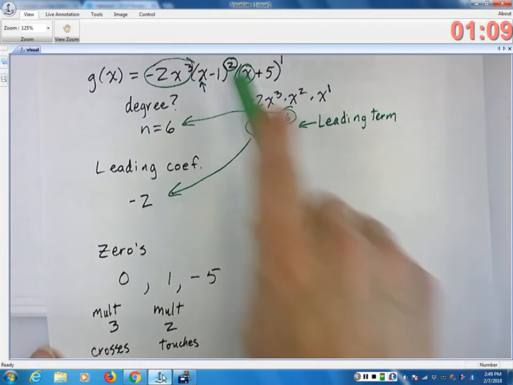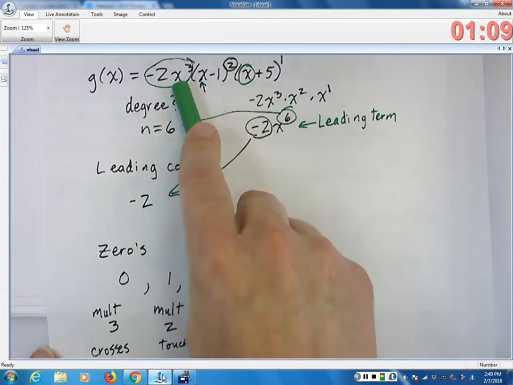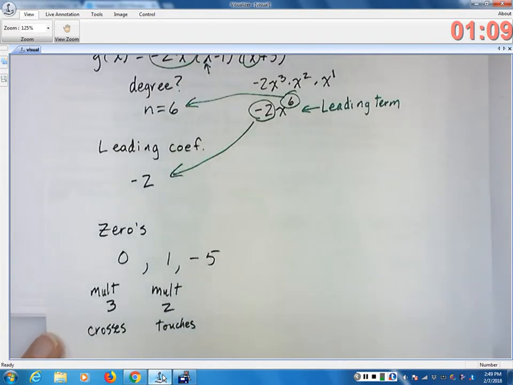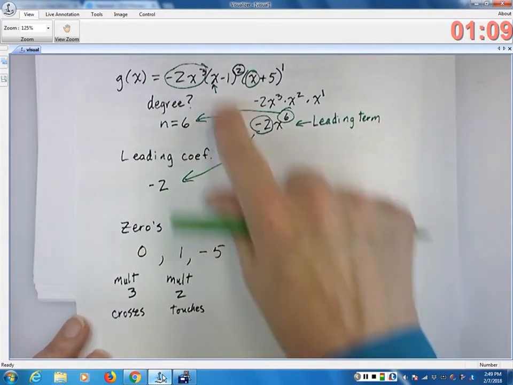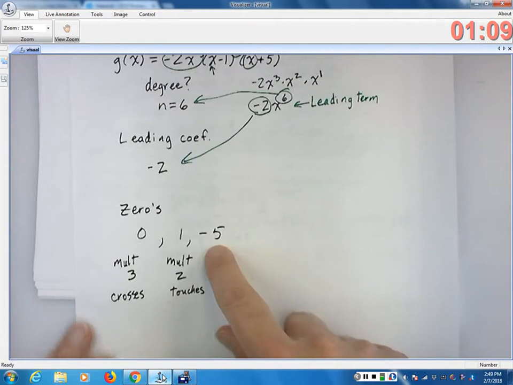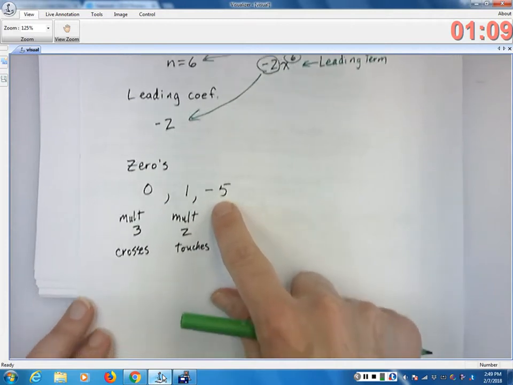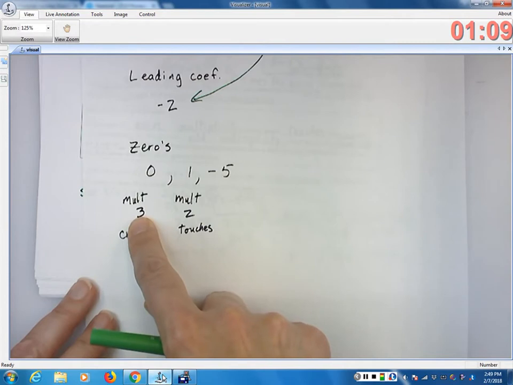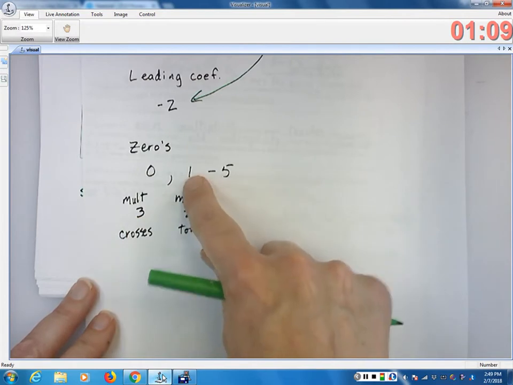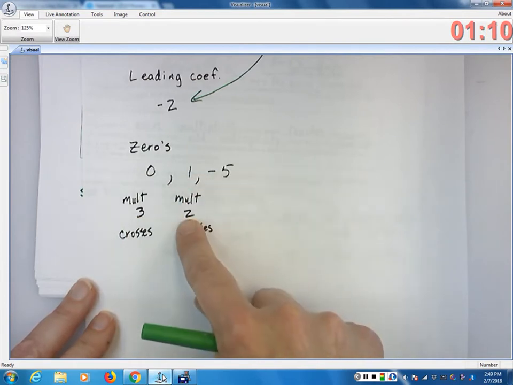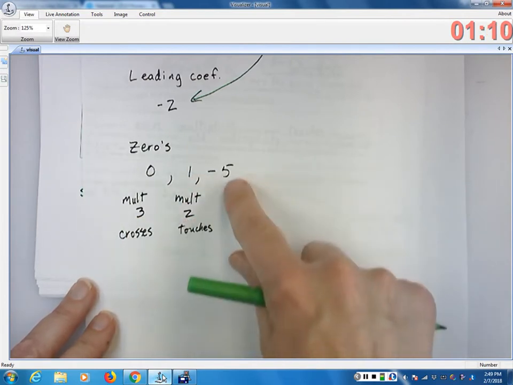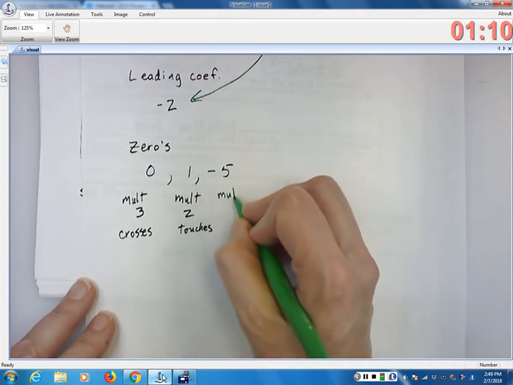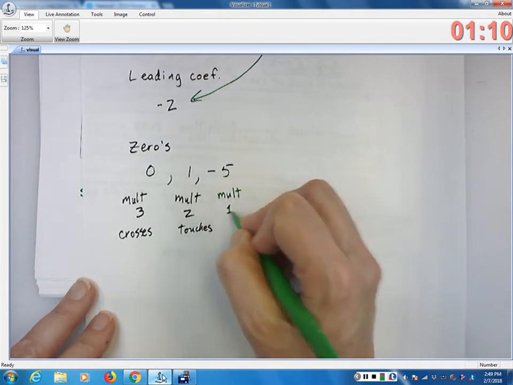And then you set this to 0. It's already in factored form, so you're going to have a 0 of 0 and 1 and negative 5. Those are your zeros. And the 0 is used 3 times because it says x to the 3rd. The 1 is used twice because x minus 1 is squared, and the minus 5 is used once. Well, it didn't ask about that, but 1.